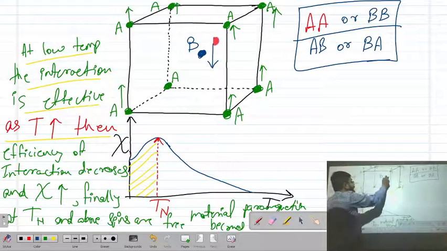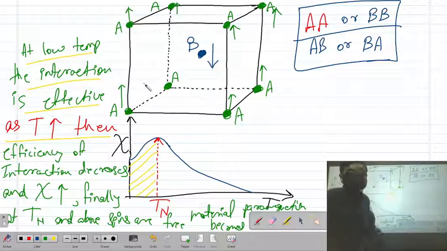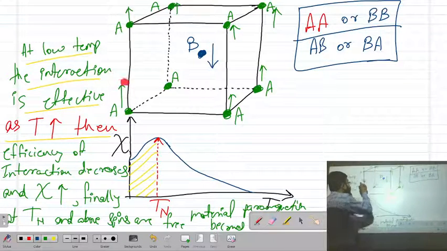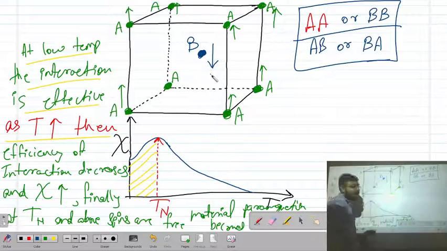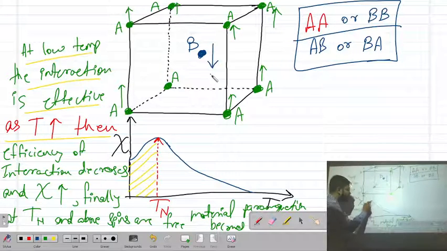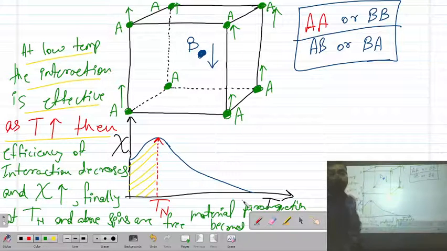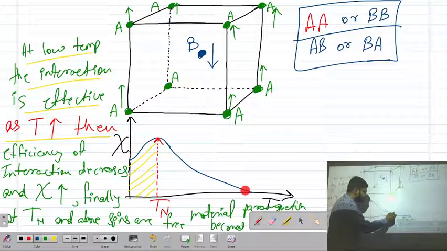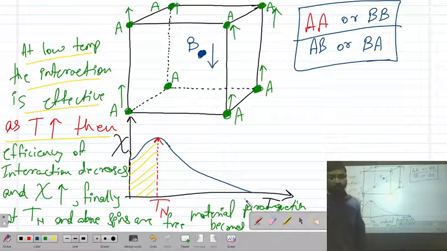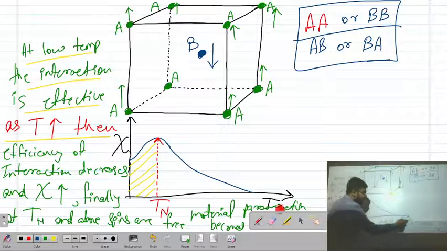This dipole and this dipole will lose their orientation, and this can go to this direction or this can go to this direction. So you will see a decrease in the susceptibility, and at some point it will become paramagnetic.